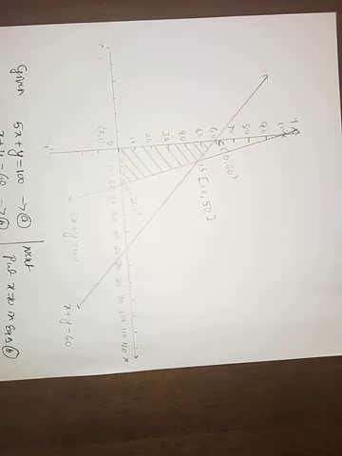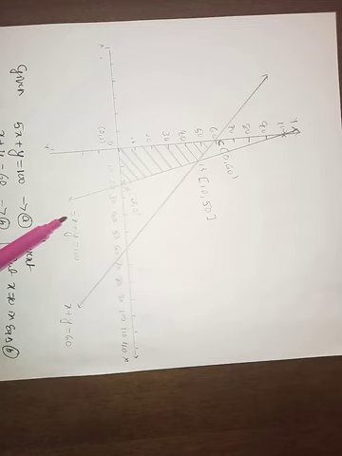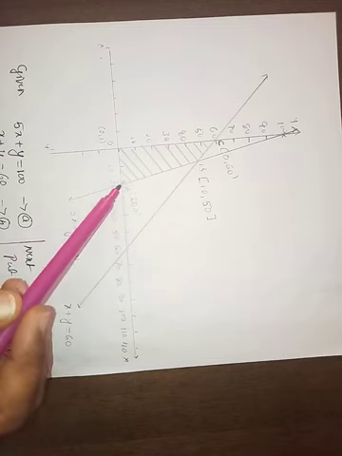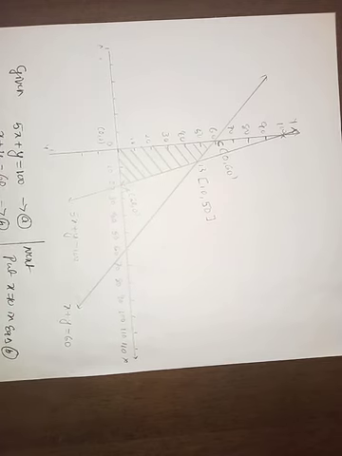x-axis, y-axis. First graph, that is 5x plus y equal to 100: y is 0, x is 20, and x is 0, y is 100. That one we calculated, and this is 5x plus y equal to 100.